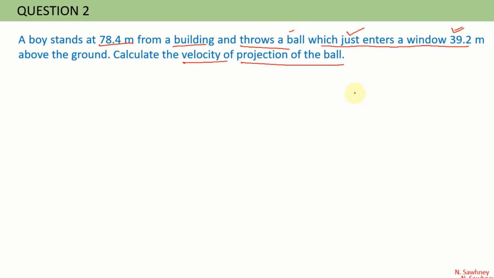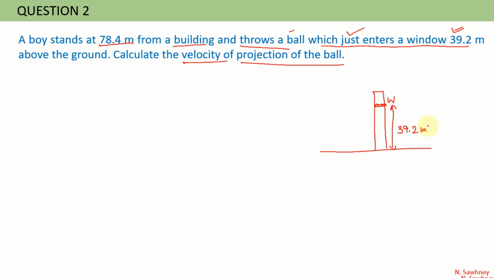So we can understand it like this, that suppose this is the building, this is the ground, and the window is at 39.2 meters above the ground. Let us suppose that this is the window and the height of the window above the ground is 39.2 meters.